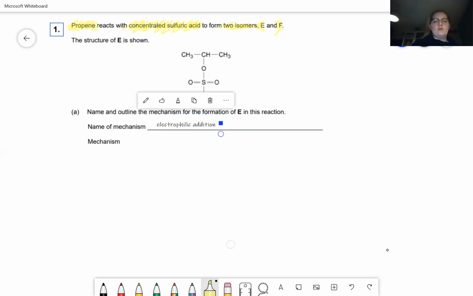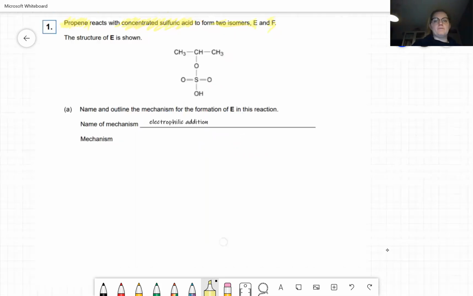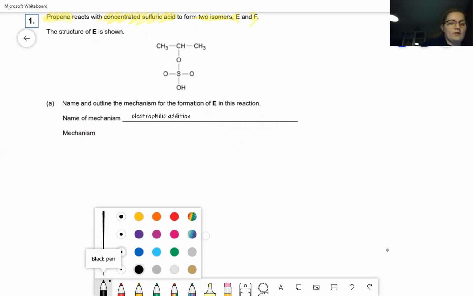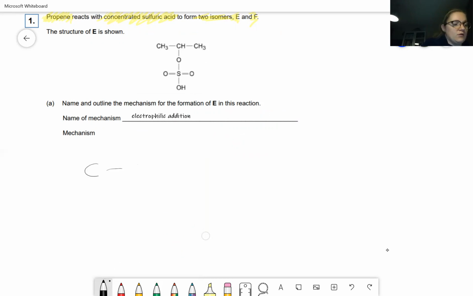There we go. So let's have a go at drawing this mechanism out. Propene reacts with concentrated sulfuric acid, so the first thing we need to do is draw out propene. Propene, 3 carbons: 1, 2, 3.